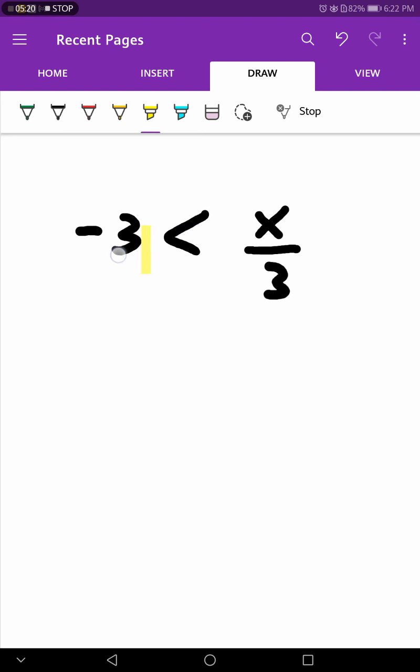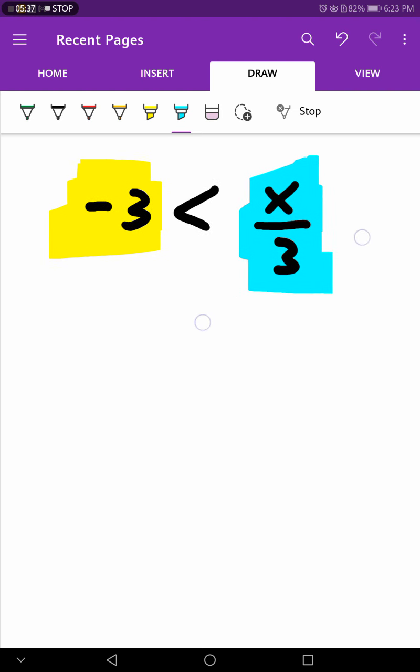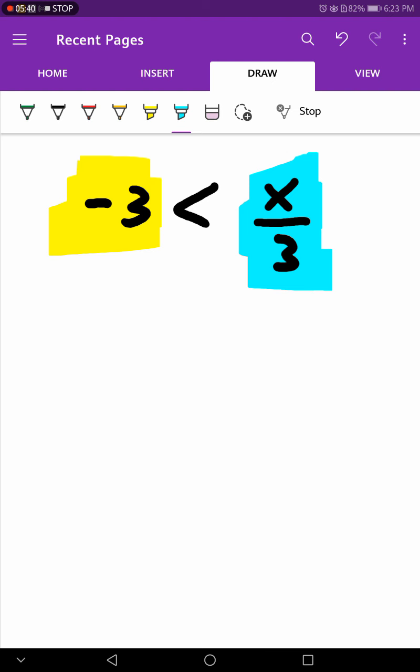We determine the left side and determine the right side, and I will ask you, Yaman, what is the coefficient of x here? 1 and 3, or 1 over 3? 1 over 3, bravo. How do you know it is 1 over 3? I can see only the 3. Because if x was alone, there's a hidden 1, but we don't write it. So it is 1 over 3.